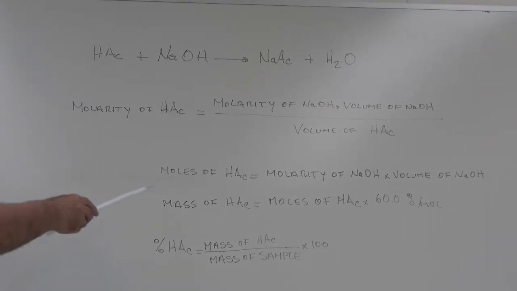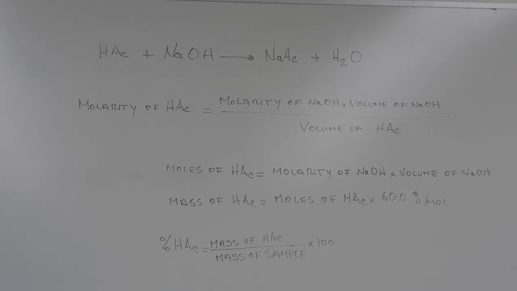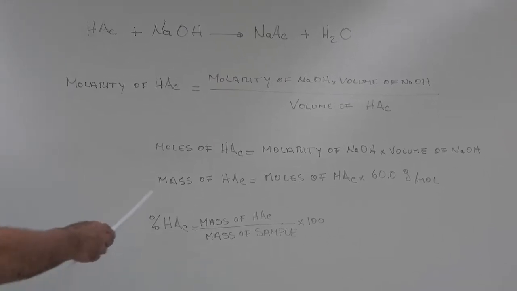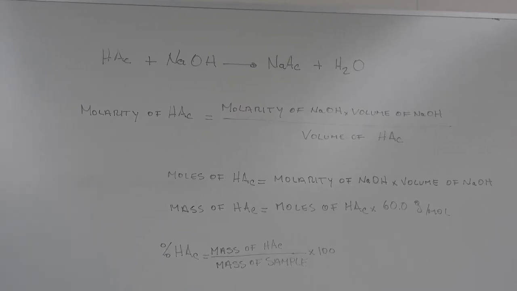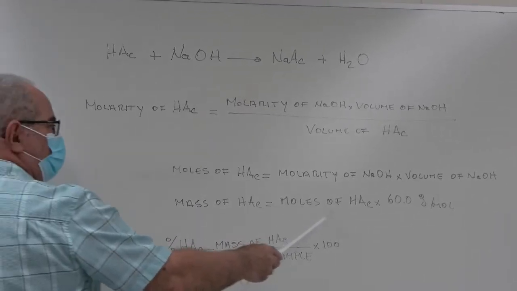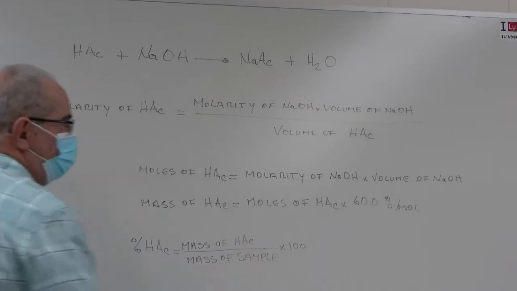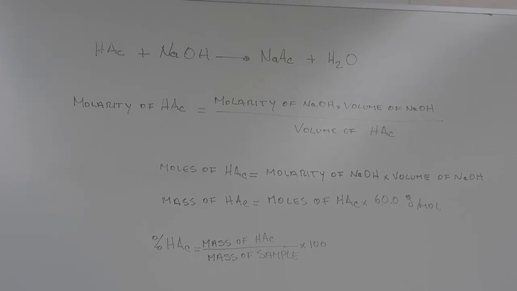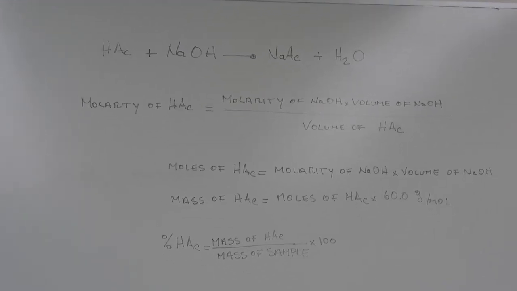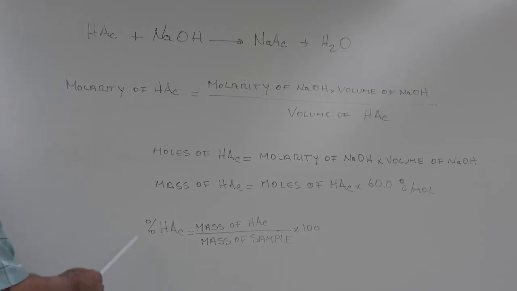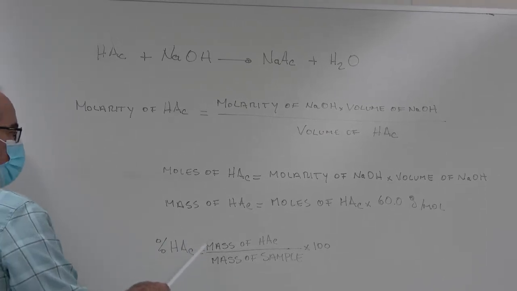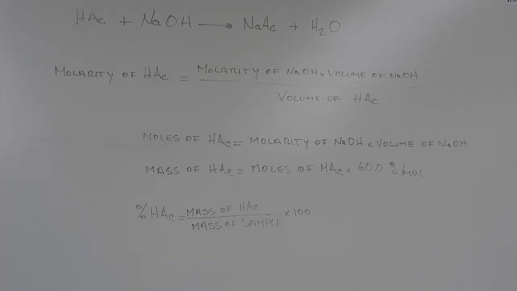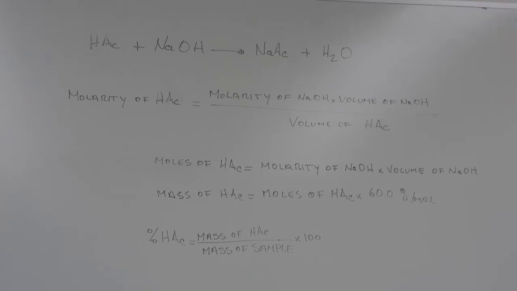After we calculate those moles of acetic acid contained in that sample portion, then the mass of acetic acid of that portion is going to be equal to the moles of acetic acid times the molar mass of acetic acid, which is 60 grams per mole. After we have that number, then the percentage of acetic acid is going to be equal to the mass of the acetic acid calculated before, divided by the mass of the sample, times 100.